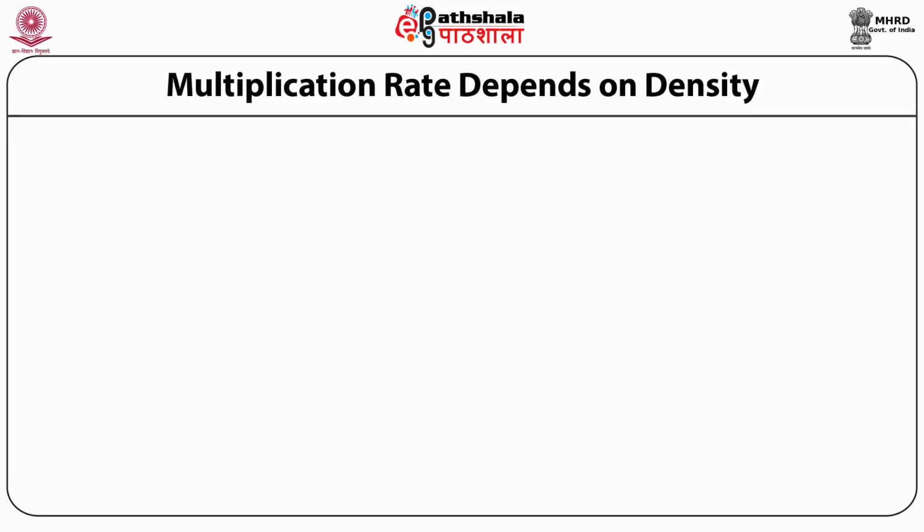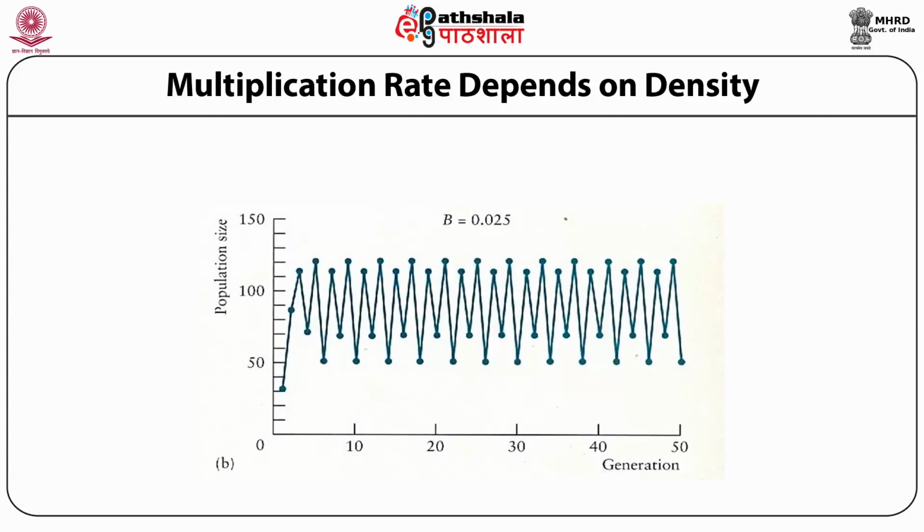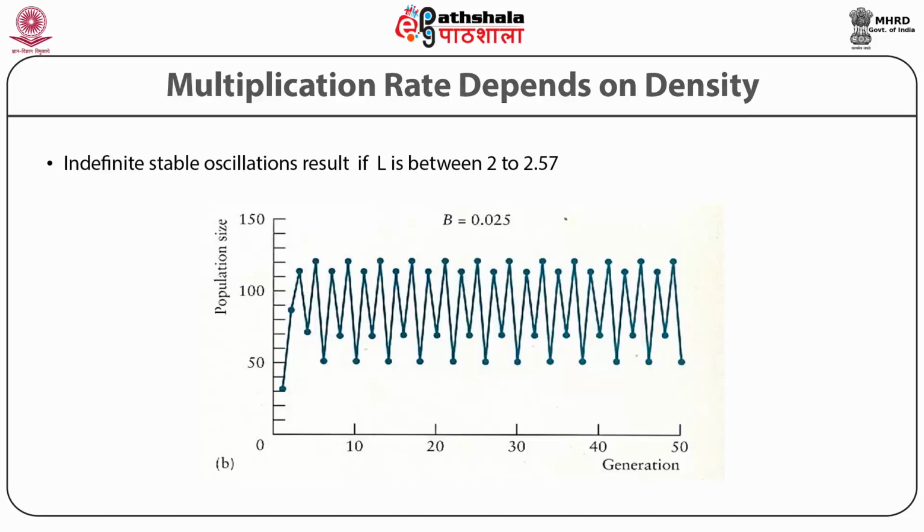When the value of B is equal to 0.025, you can see indefinite stable oscillations when the value of L is between 2 to 2.57.